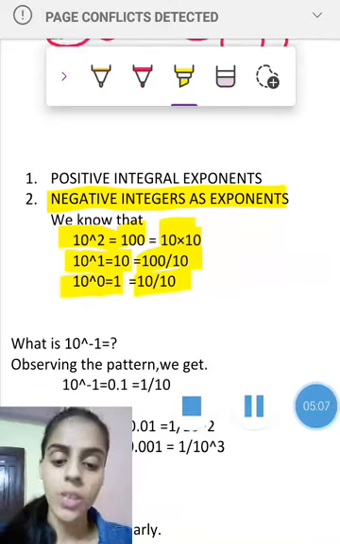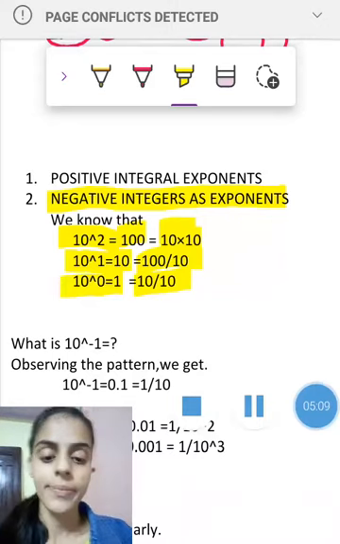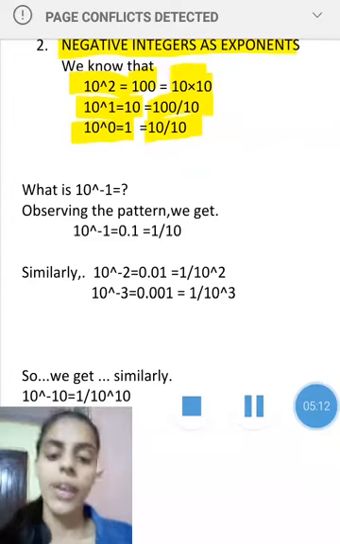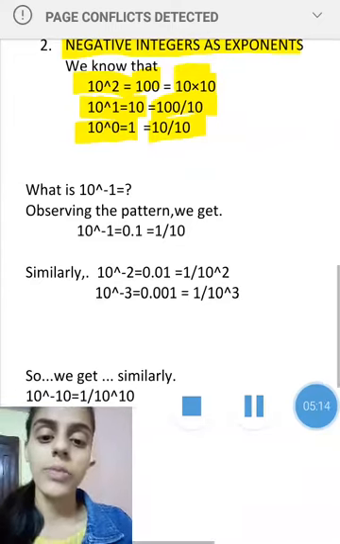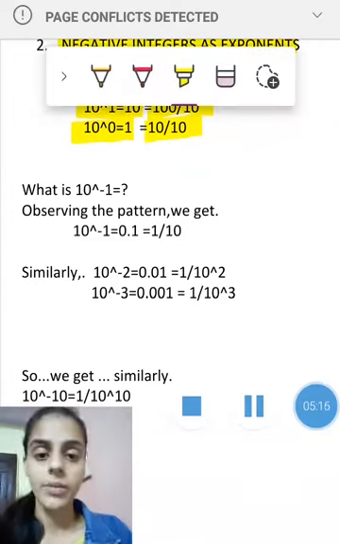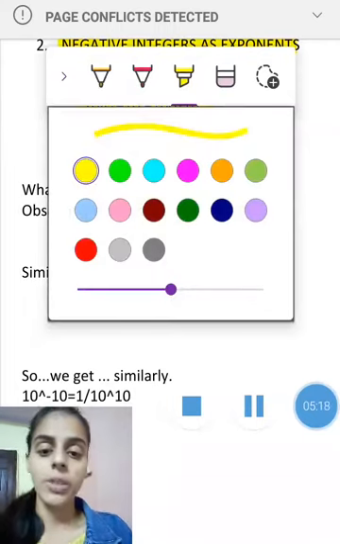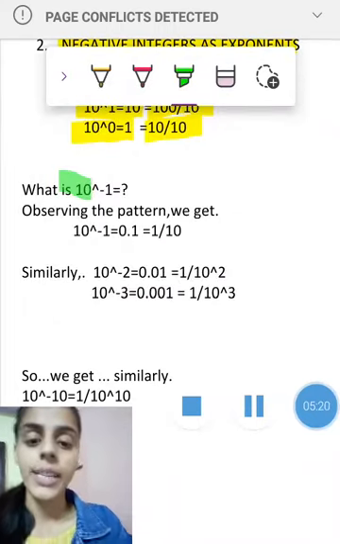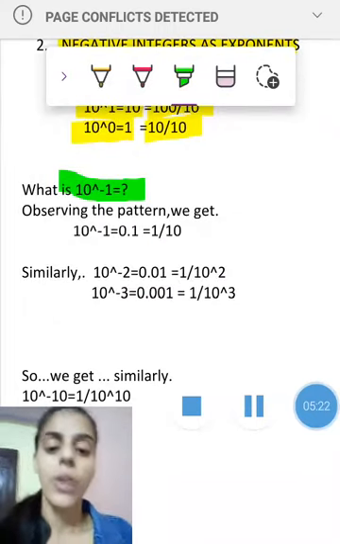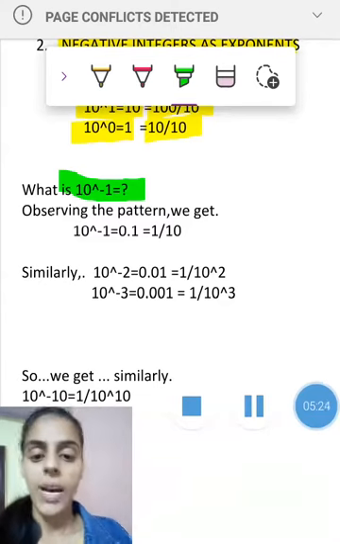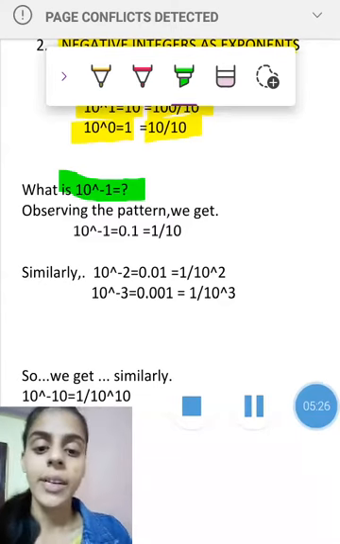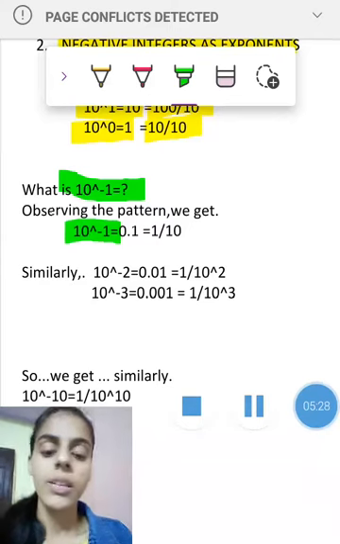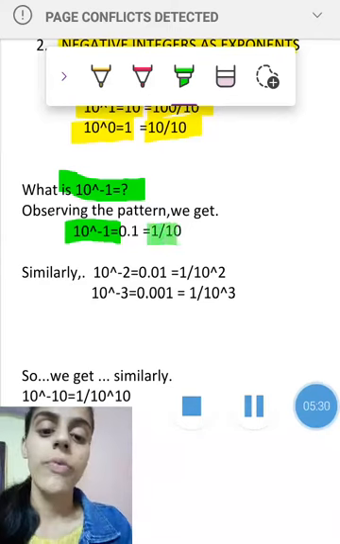By observing this pattern, we can also get the exact value of 10 raised to the power minus 1, because it's a negative integral power or exponent. So by observing the pattern, we get 10 raised to the power minus 1, that is 1 upon 10.